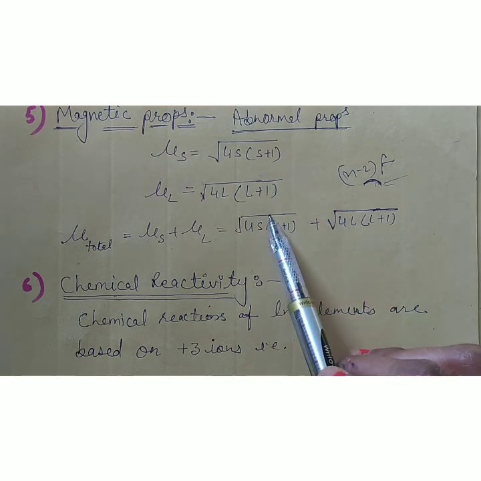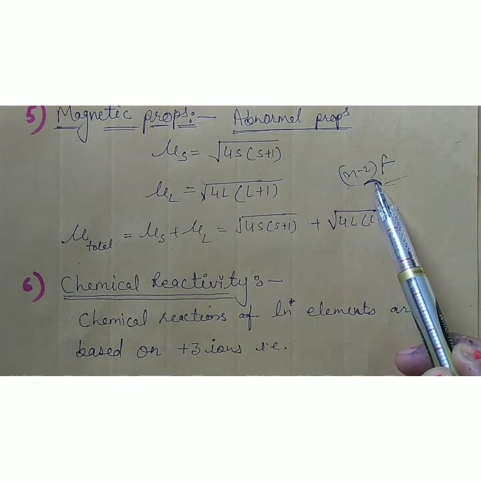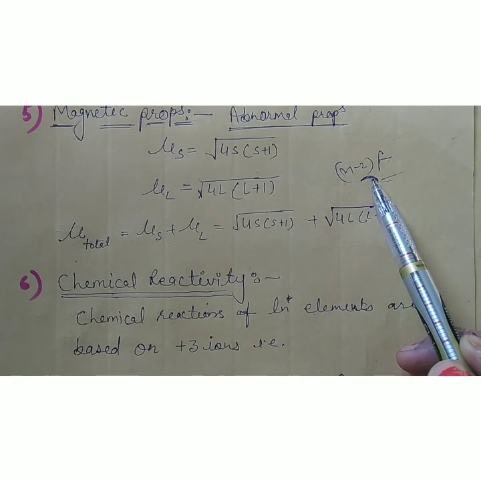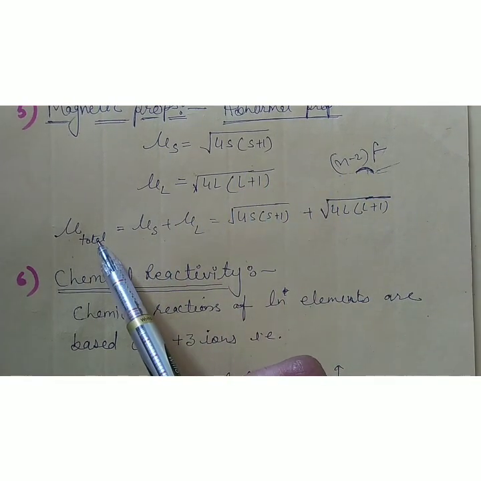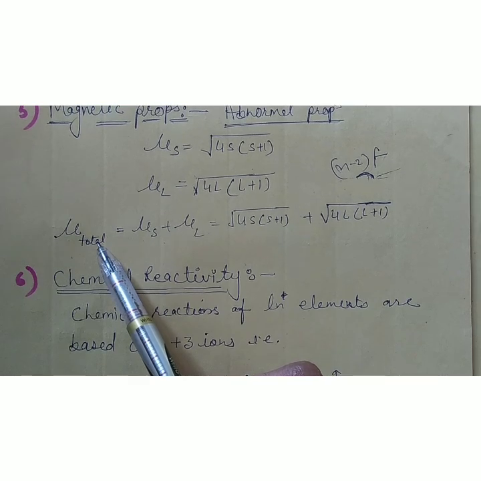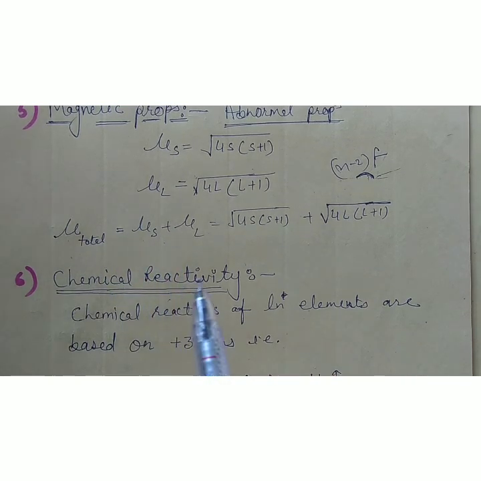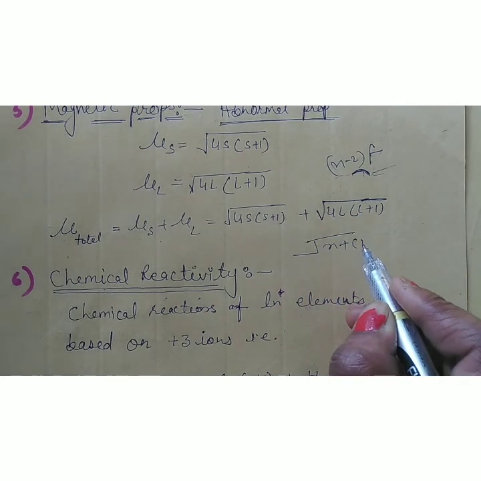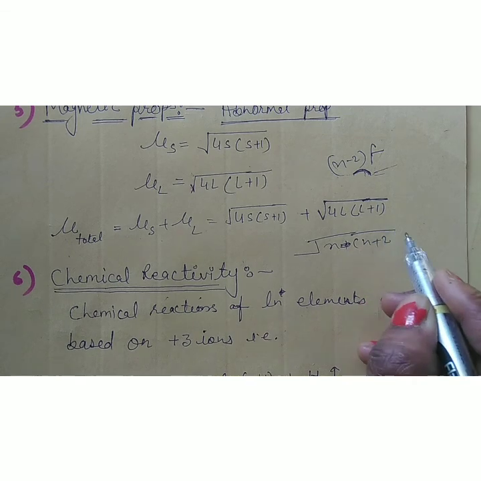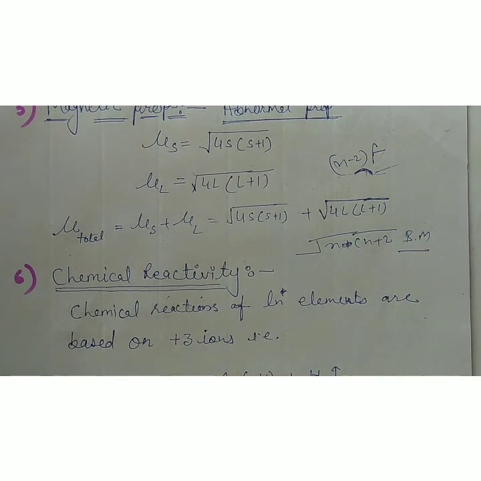But in these elements the (n-2)f electrons are not in contact with the atmosphere, so the total magnetic moment should be high compared to d-block elements, as we calculate from the formula root of n(n+2) Bohr magneton.